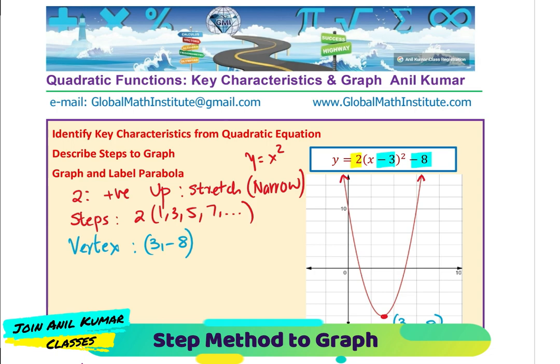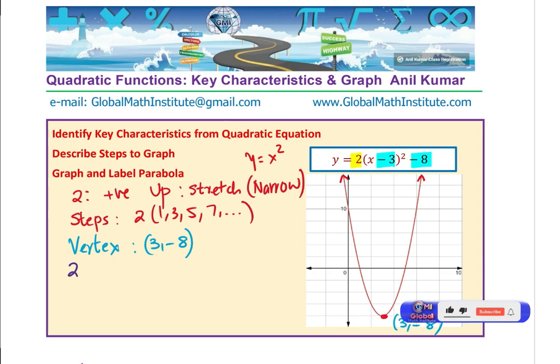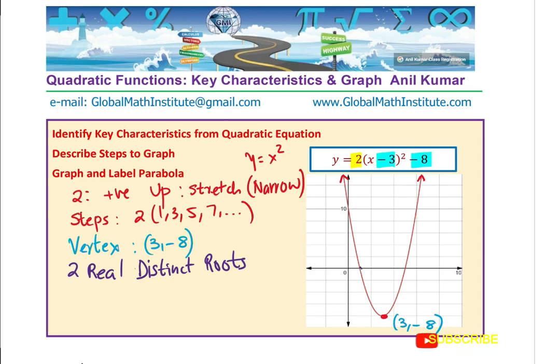And we have also noted that there are 2 roots, right? There are 2 real roots. Let me introduce one more word, distinct roots. And the reason for that is opposite signs. Which signs are opposite? The coefficient of x squared is positive and this is negative. Do you see that?